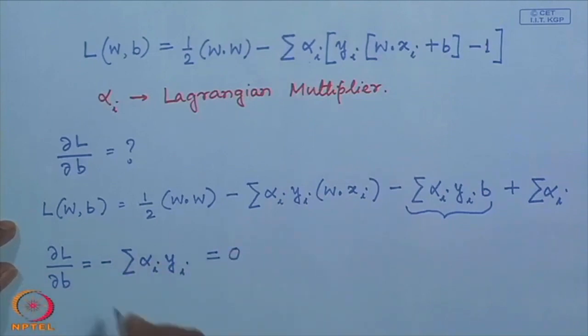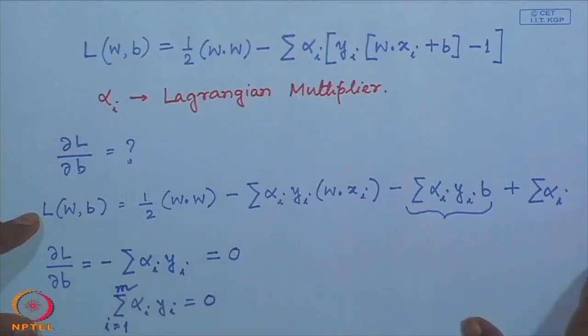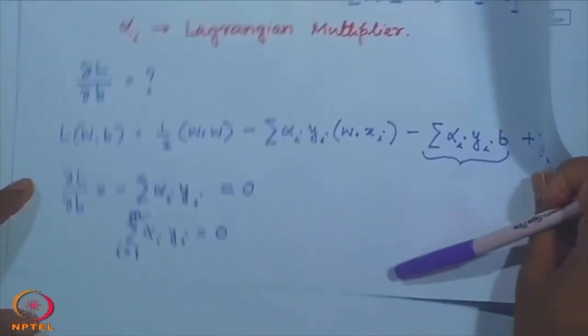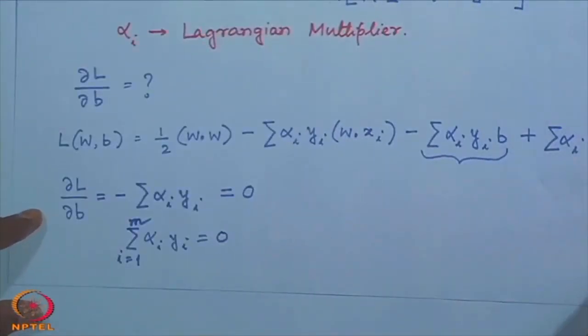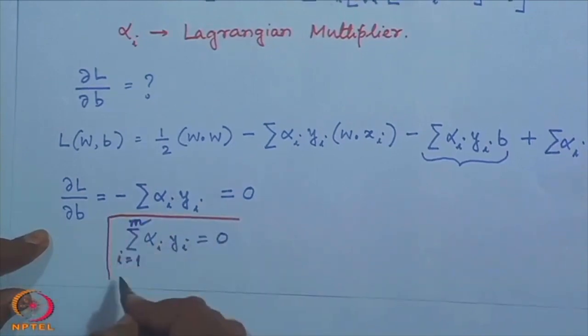So, I get one constraint, that sum of alpha_i y_i has to be equal to 0 for i varying from 1 to say m, where m is the number of feature vectors which are given for designing the classifier. Okay. So, this is one of the constraints that I have.